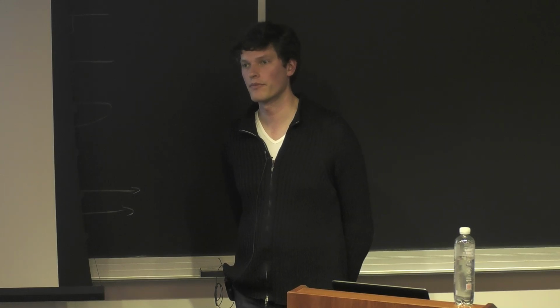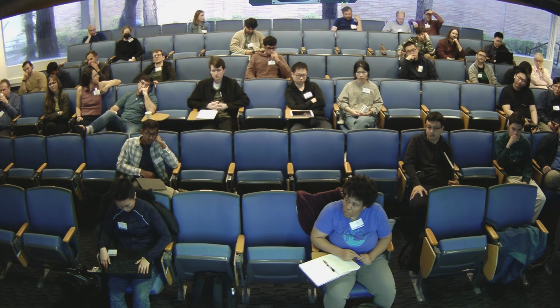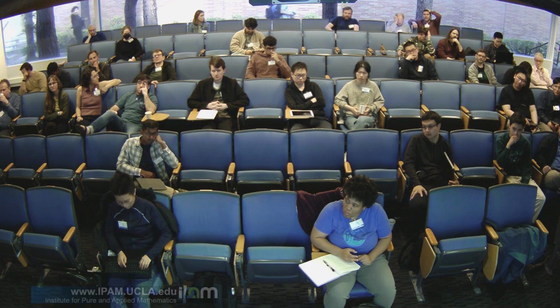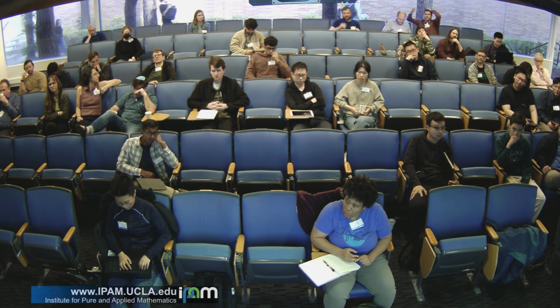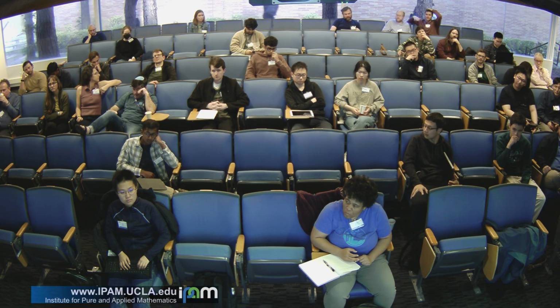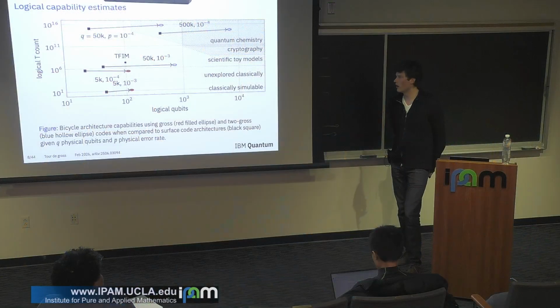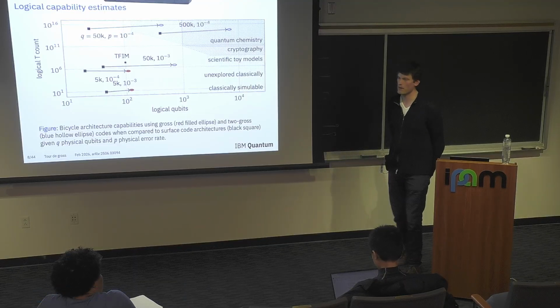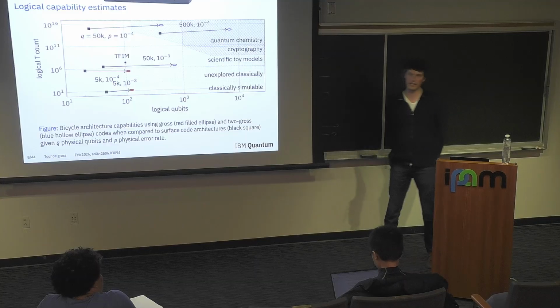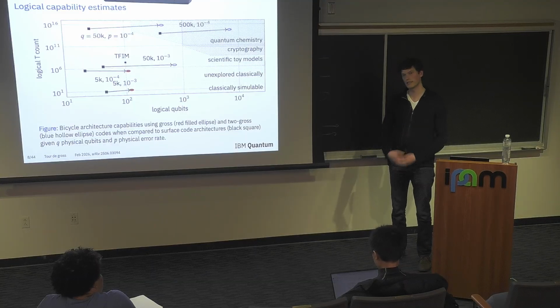I guess I meant, when you're saying the logical T count that it could support, I'm assuming that that's coming from what logical error rate this code is realizing. Is that correct? The T count it supports comes from running a benchmark and then calculating what the noise rate is. I will also have a slide on that.